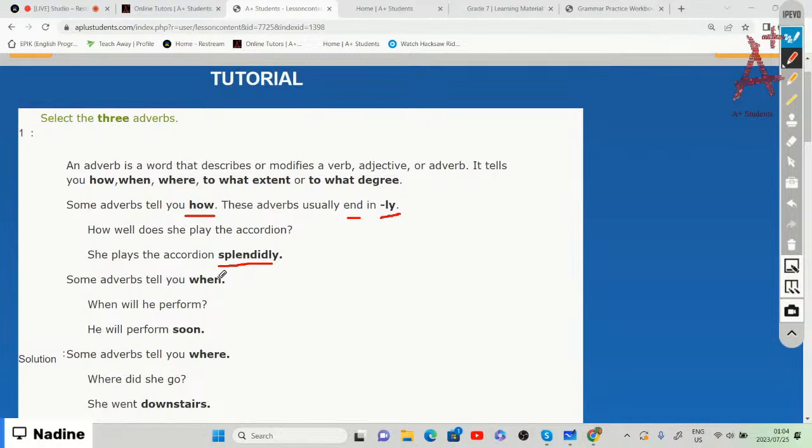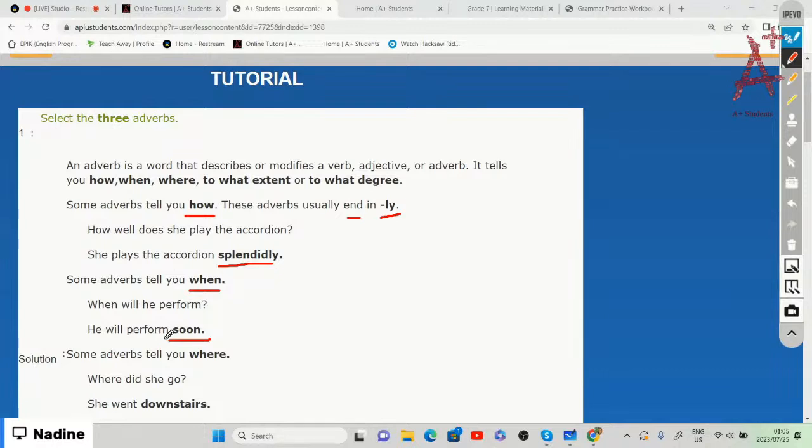Some adverbs tell us when. For example, when will he perform? He will perform soon. Tomorrow, later. Those are all adverbs.